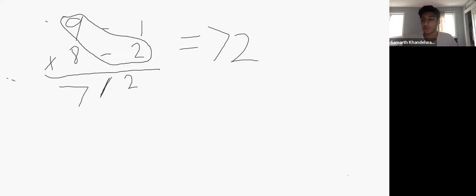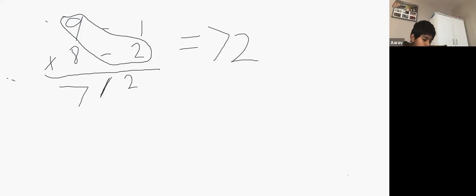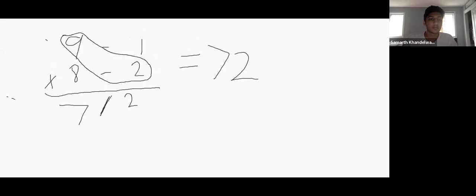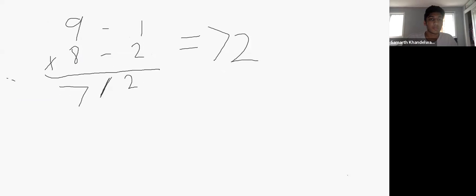Now anybody who knows basic multiplication knows that 9 times 8 is 72. And also notice that if we did it this way, like say we did 8 minus 1, you also get 7.